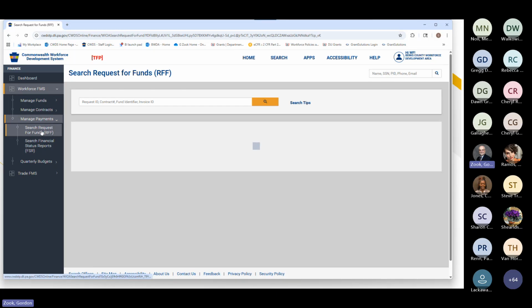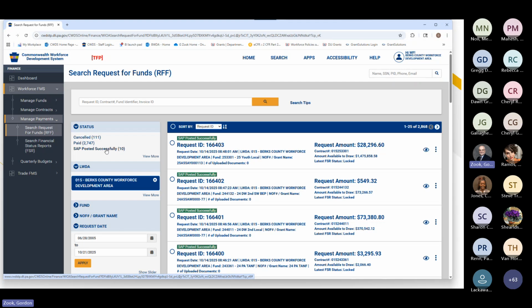The other thing that you can always see in here is the status of your requests. So once you submit a request for payment, within a couple minutes, it should show as SAP posted successfully, as long as there are no issues. If it doesn't show as SAP posted successfully, then you need to look into what might be happening there.